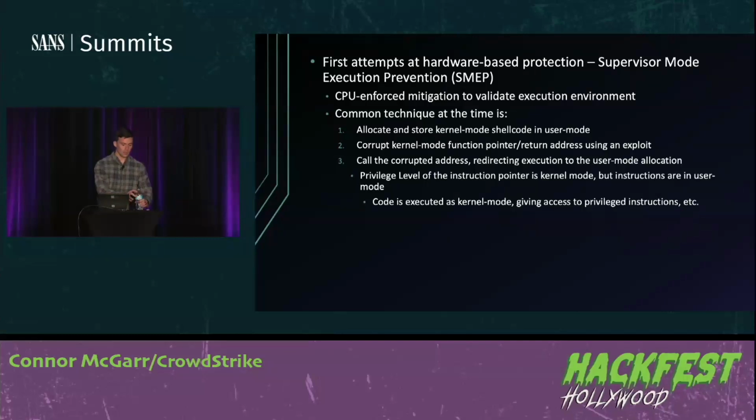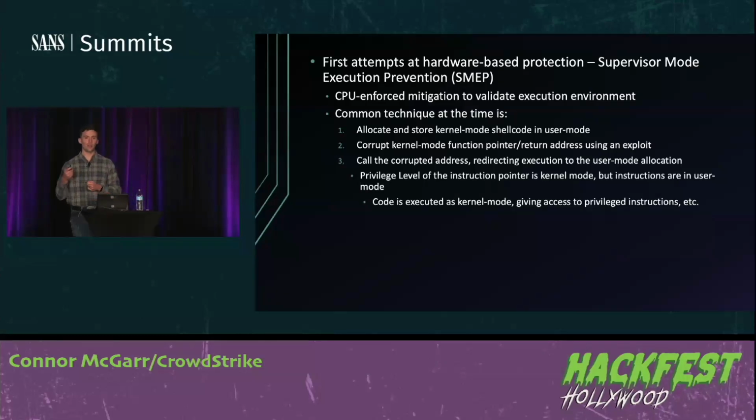And then what happens is a kernel vulnerability is used to corrupt some sort of function pointer or pointer, what have you, in the kernel. That's corrupted with the address of that allocation. So when that address is called, instead of calling into the original call target, we call into user mode.